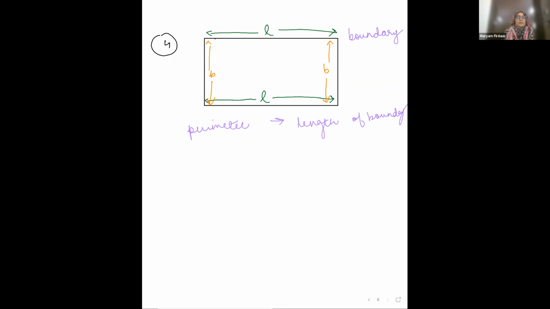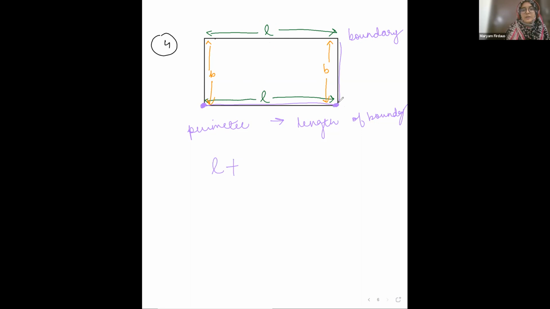So we know that, okay, fine. If the length is L, and this length is also L, this is B, then this will also be B. So now what is the length of the boundary? What is the perimeter for this rectangle? If you start walking from here, you will cover L length, right?